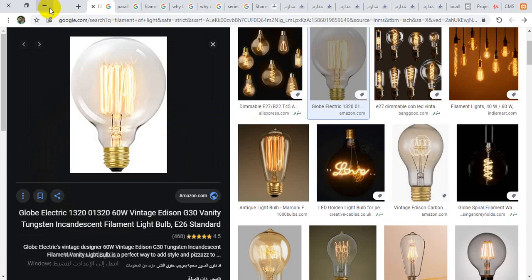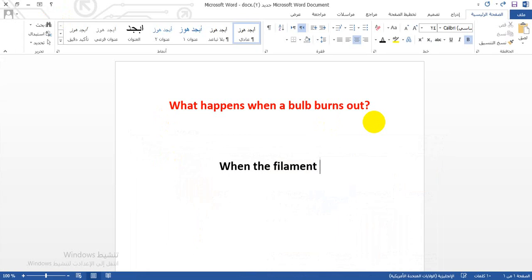So when the filament breaks, what will happen exactly? The circuit now contains what exactly?